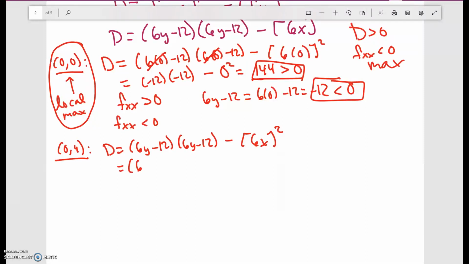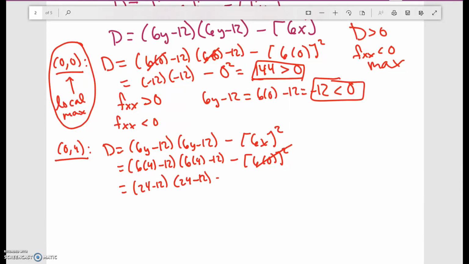So I'm going to have 6 times 4 minus 12, times 6 times 4 minus 12, minus 6 times 0 squared. This thing is going to go away. Here I'm going to have 24 minus 12, and here another 24 minus 12. So I'm going to have 12 times 12, which is equal to 144. So here I have another positive.